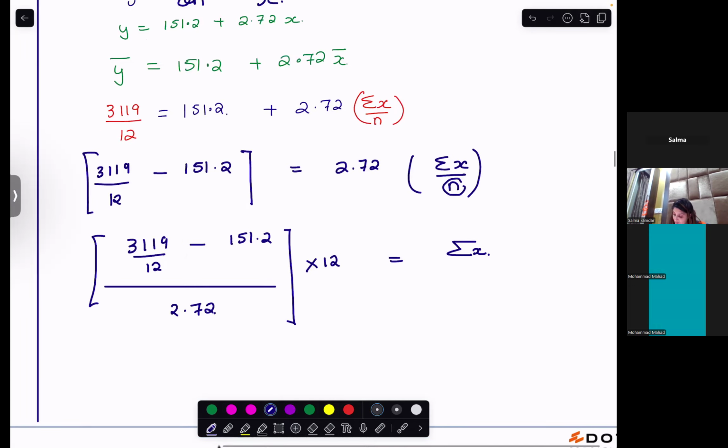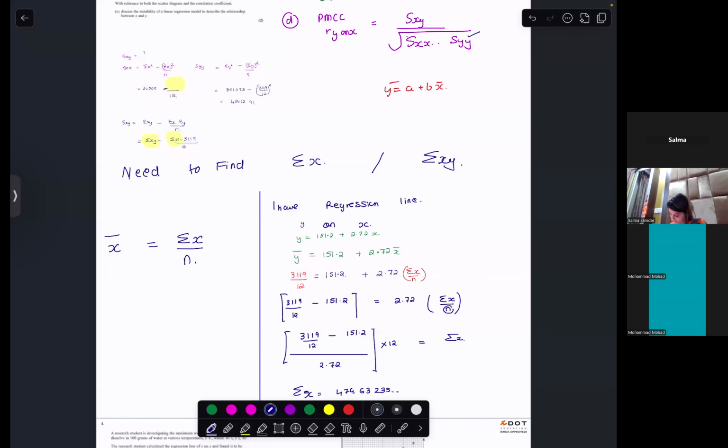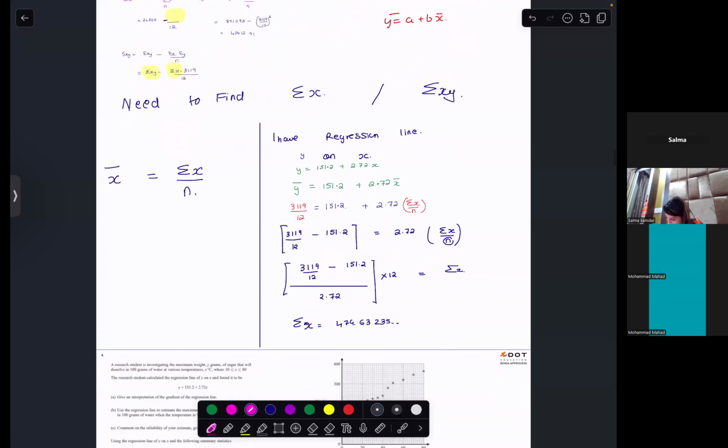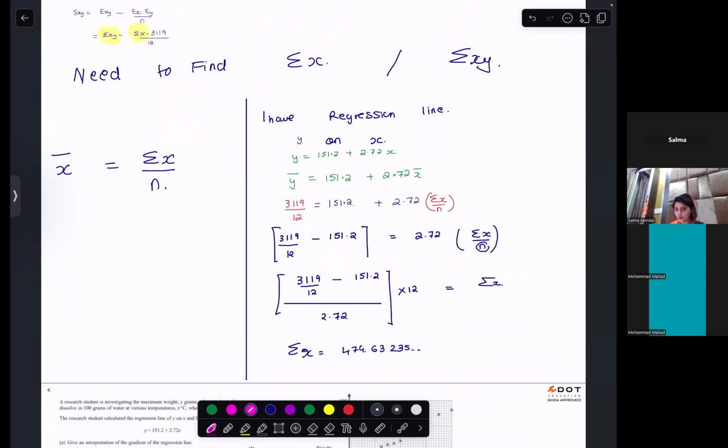So my sigma x would become 479.63235. Please do up till here. I will wait for you. Now when I'm going to substitute, it is 479.6323.